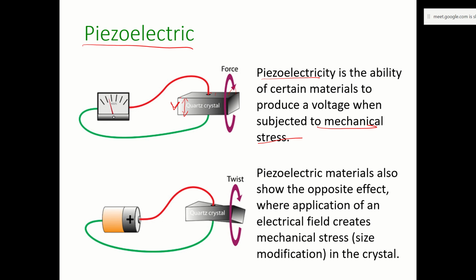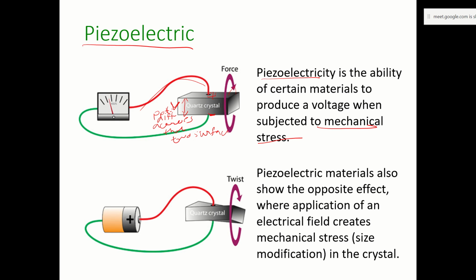So across the two surfaces, it will generate a potential difference V. Basically one becomes positively charged, another becomes negatively charged, and then you connect this, and it will happen. So initially it is a neutral crystal.